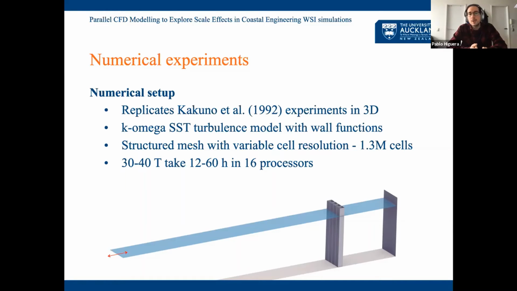And we came up with a structured mesh, which is a very, very simple mesh and has 1.3 million cells. For each of the experiments, we run one simulation around 30 to 40 wave periods long. And that took 12 to 60 hours using 16 processors. So these simulations are manageable and you can run them even in your workstation.